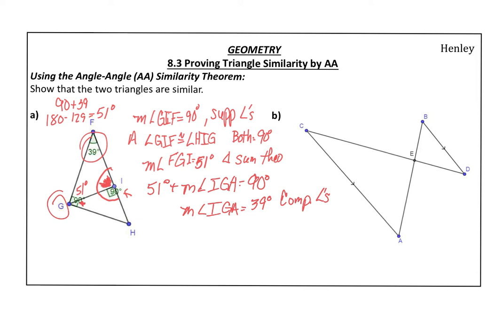So we now have two triangles, one shaped like this. So we have G, I, and F. And we have a second triangle that's shaped like this, G, I, H. We have 39 degrees here, and we also have 39 degrees here.